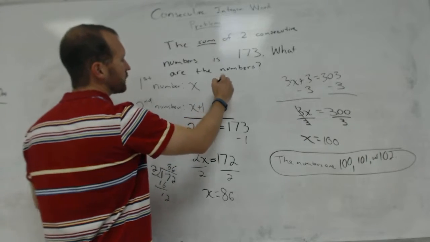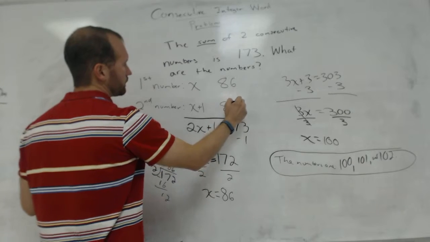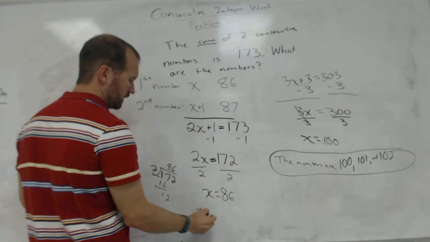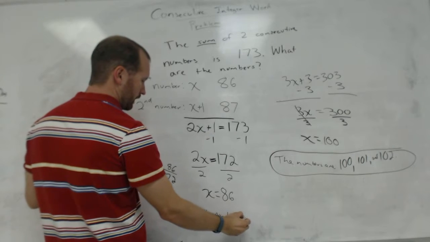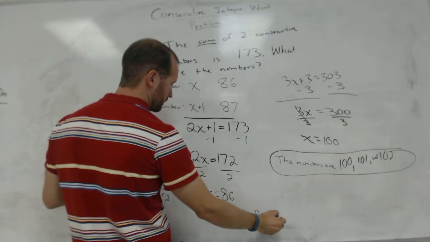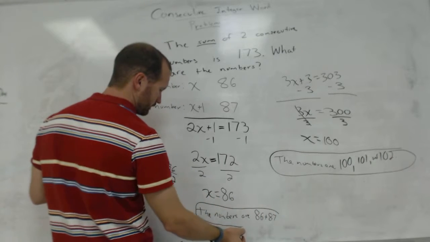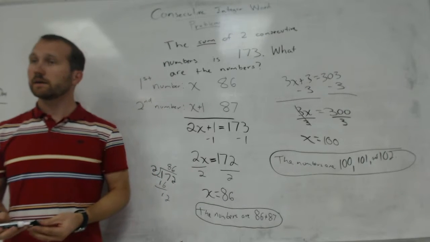The first number is x, 86. What's the second number? 87. So the numbers are 86 and 87. That's it.